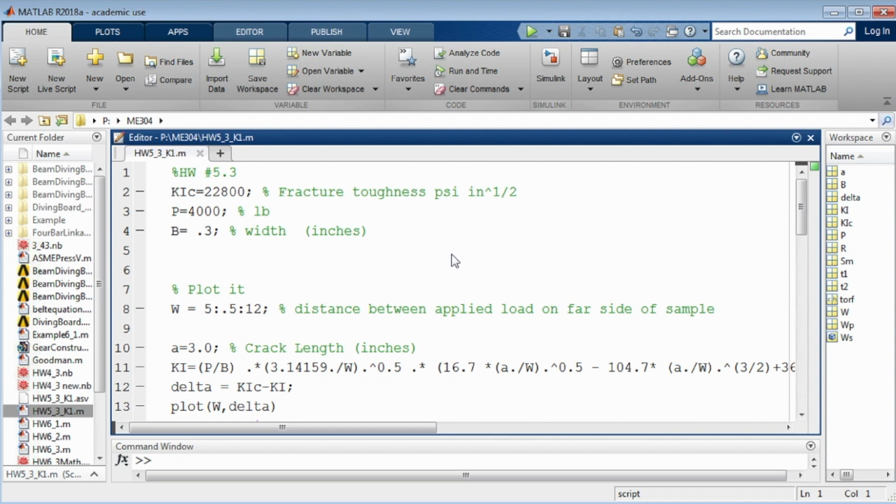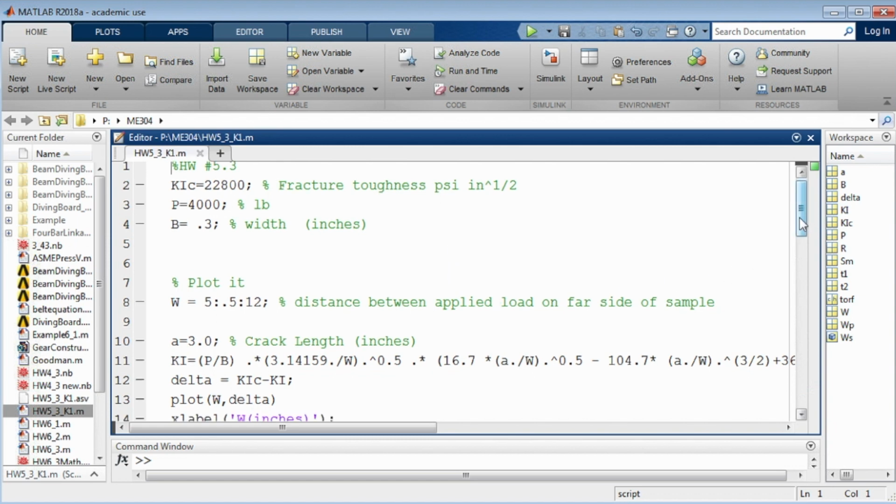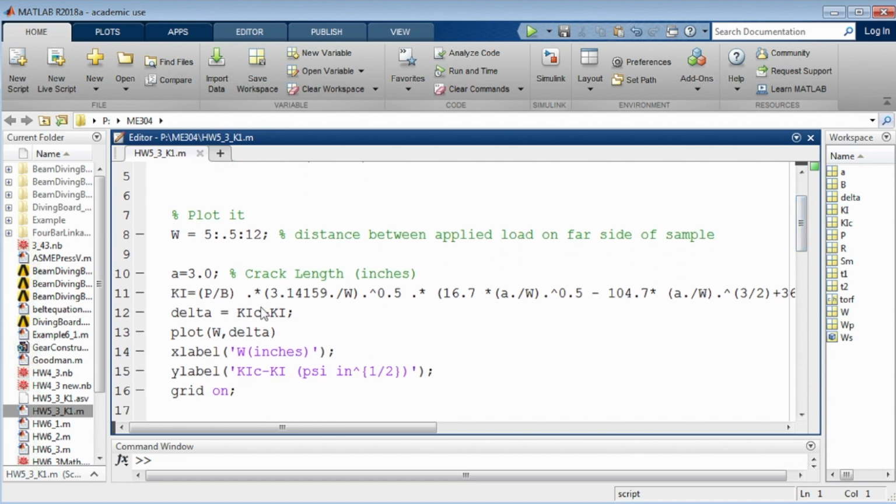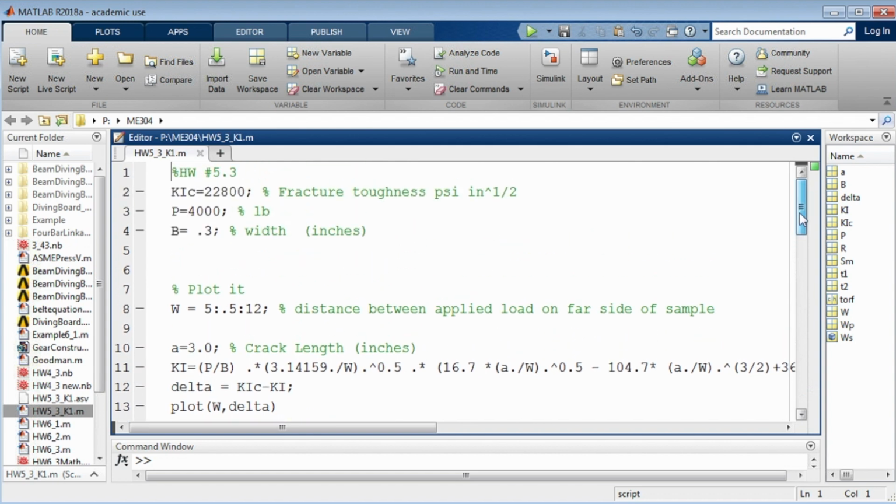The first way was to plot the difference between KIC and KI calculated for various parameters, and then looking at the plot, deciding on what parameters would work.